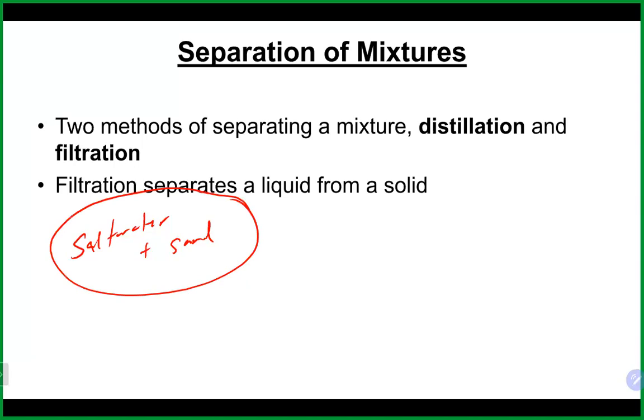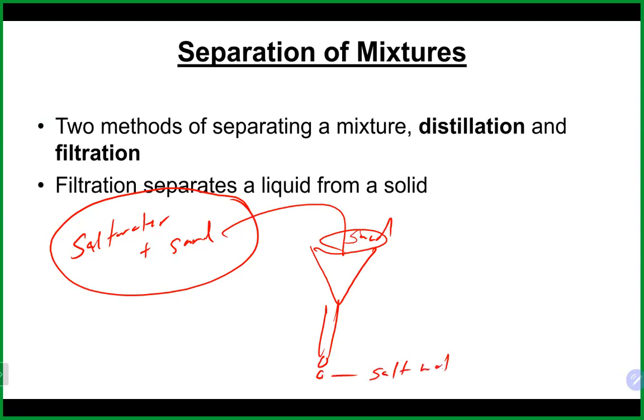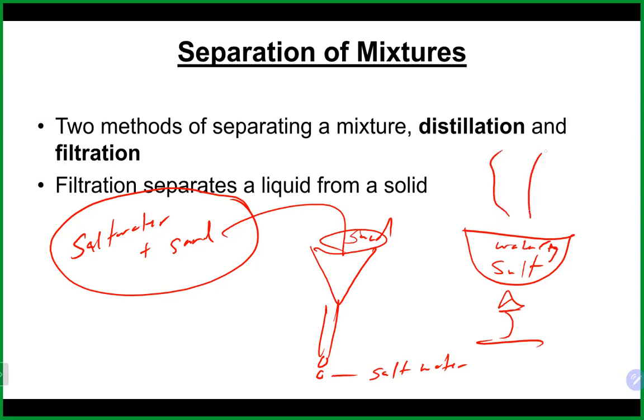So we're going to do a little filtering first, where our sand will be caught and our salt water will come through. Then we're going to take an evaporating dish with our salt water and heat it up. And obviously we will lose the water to the environment and be left with just the salt.